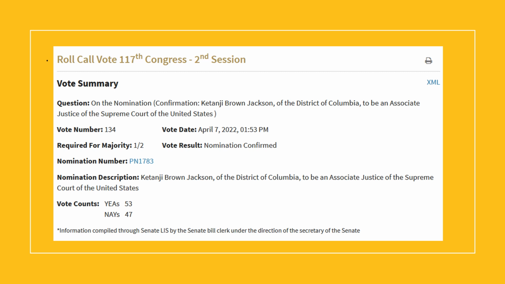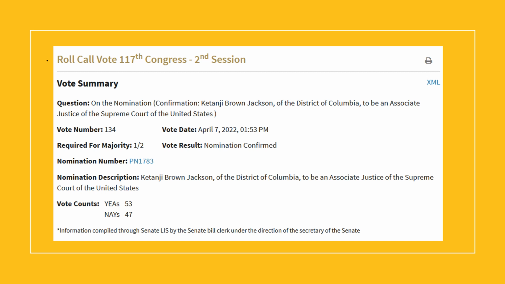That rests solely with what the Constitution calls the advice and consent of the Senate. So the way that the Senate gives its advice and consent is by confirming nominees that the president has made.